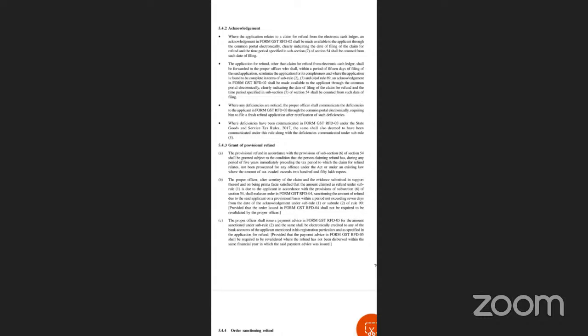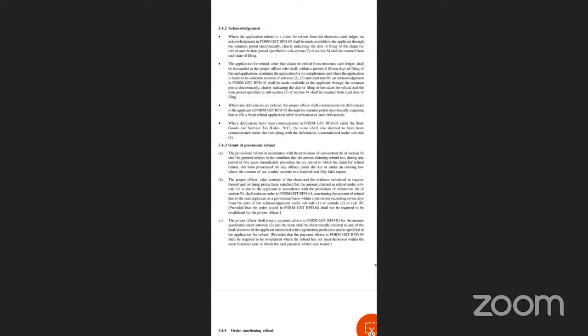And he will issue a payment advice in the form GST RFD 05 for the amount sanctioned. So these are the points we have to remember under the grant of provisional refund.